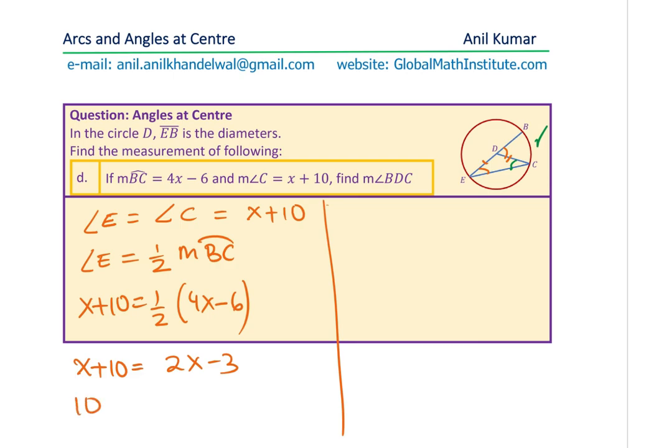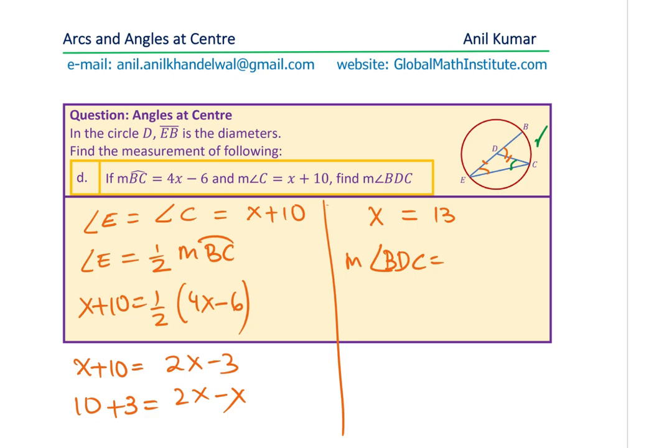This time I'll bring the variables to the right hand side, which is 2x minus x, and so we get the value of x as 13 degrees. So x is 13 for us. Let me only write the number 13, and that gives you the value of x, and so we can now find the angle. The measurement of angle BDC is what?